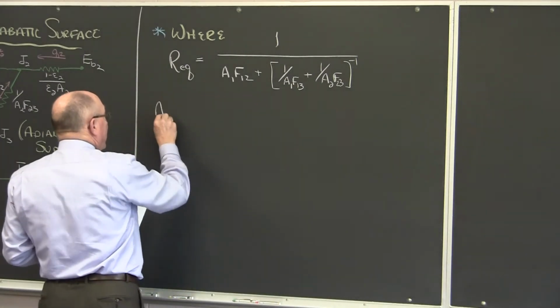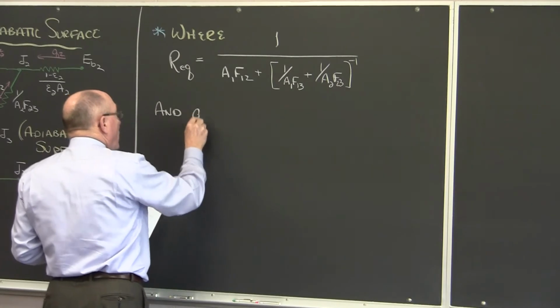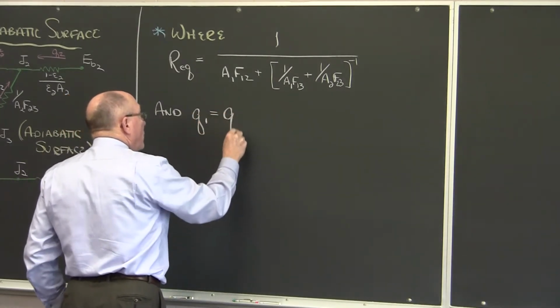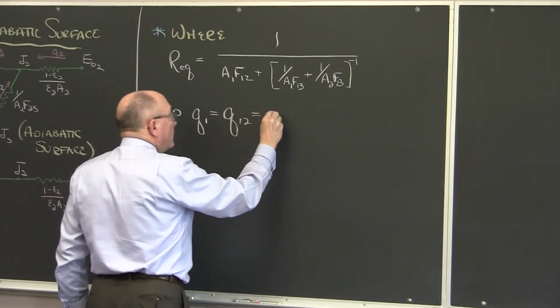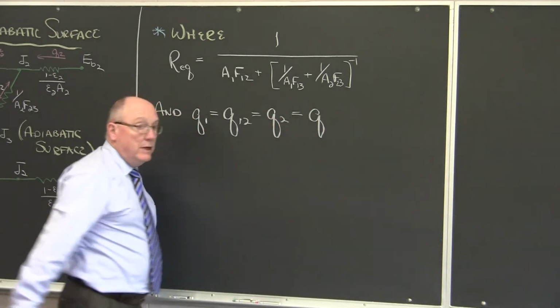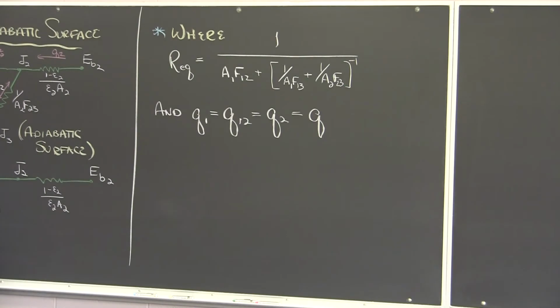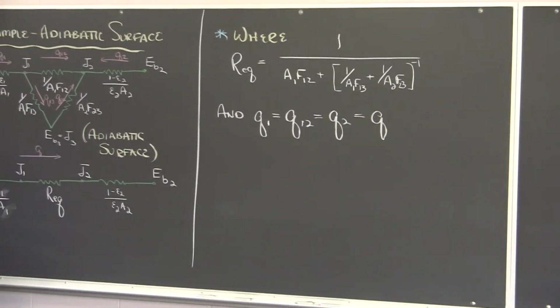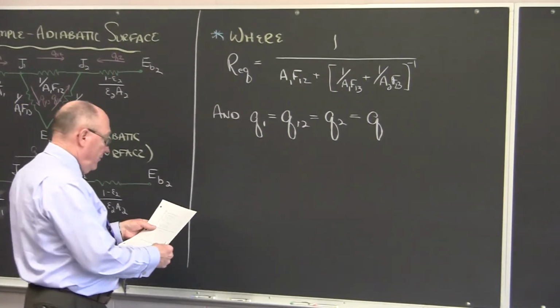And as I said, Q1 would be equal to Q1 to 2, which would be equal to Q2, which is just equal to a constant heat transfer between these two surfaces. That being said, what we have is this.